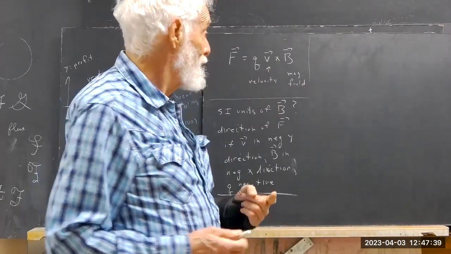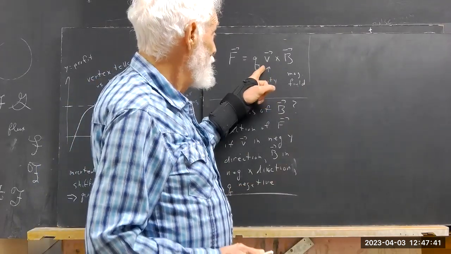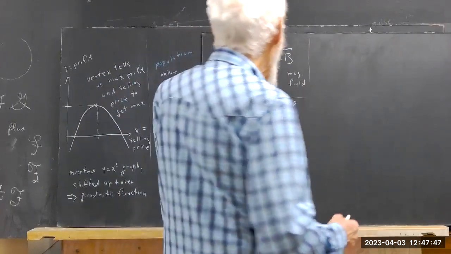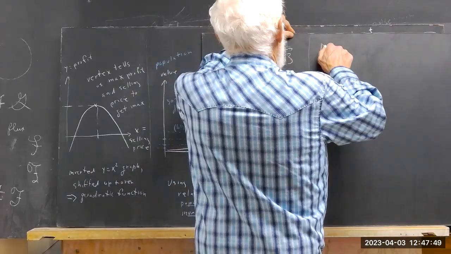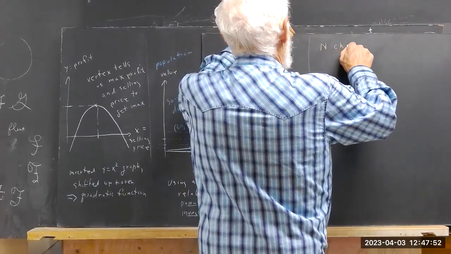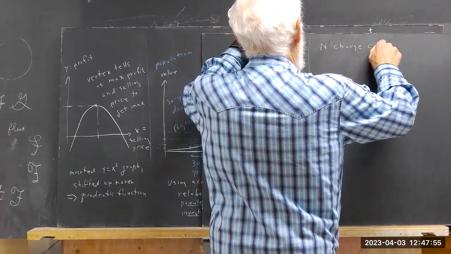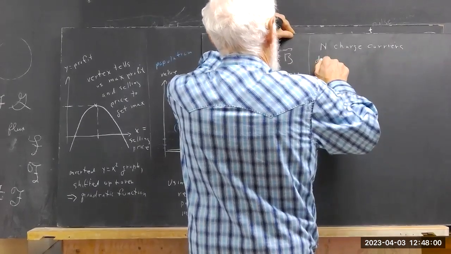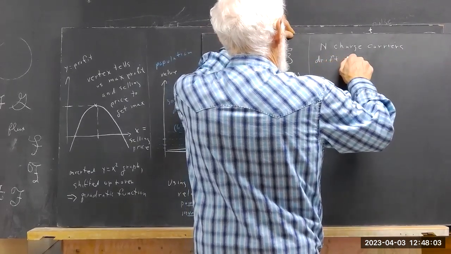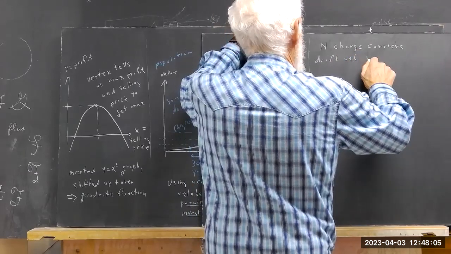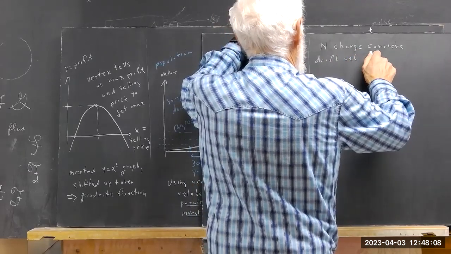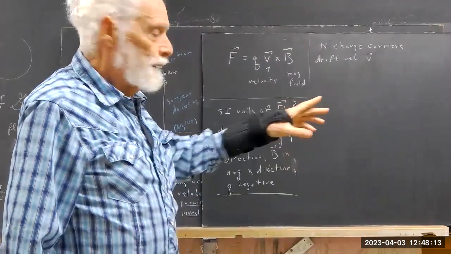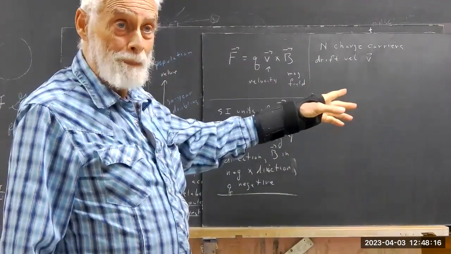And cross that. Drift velocity does have vector nature.